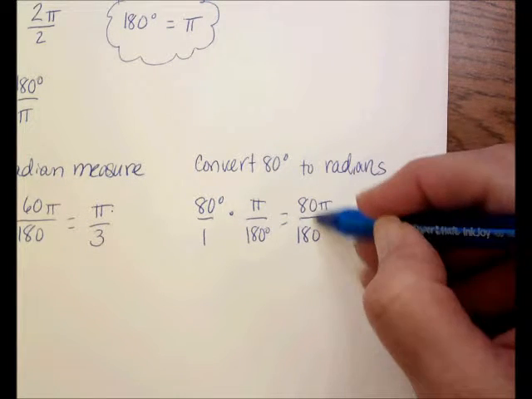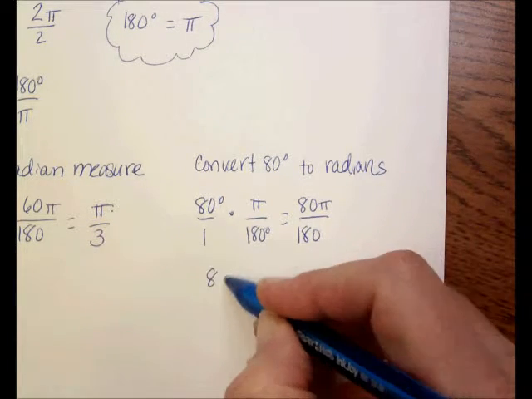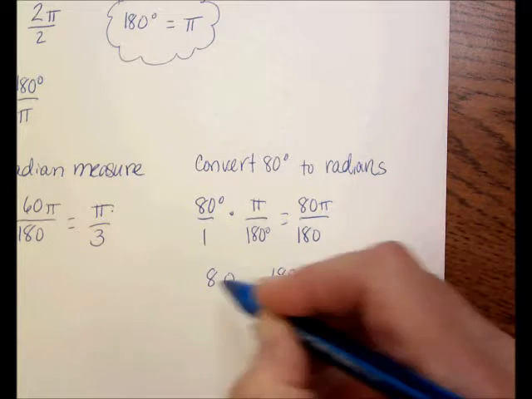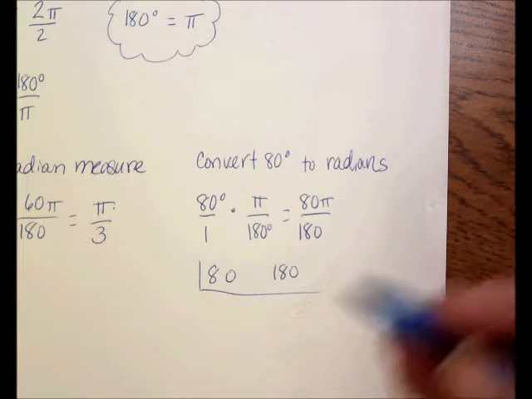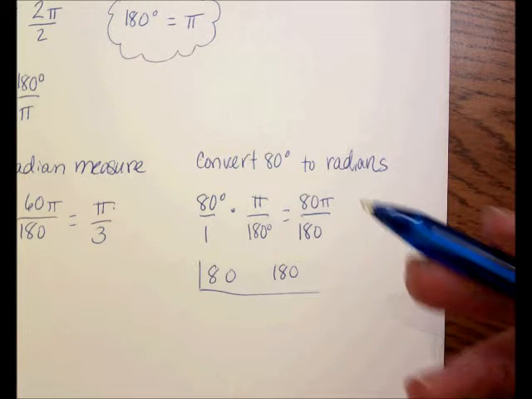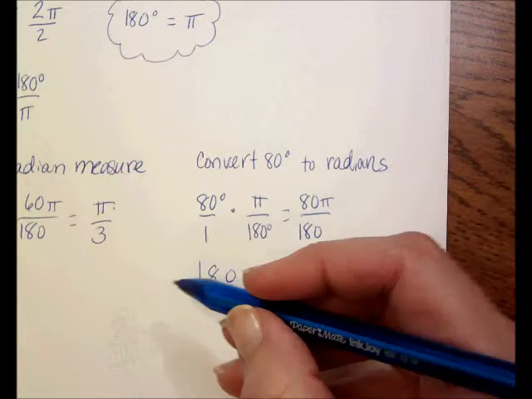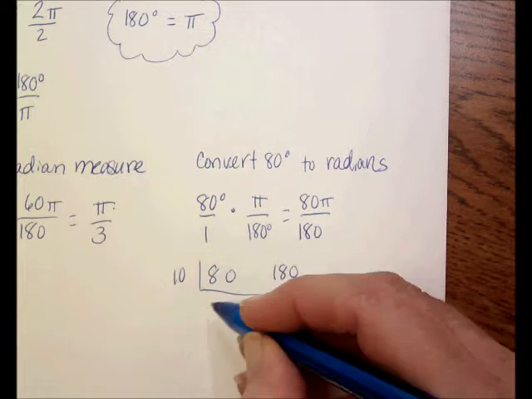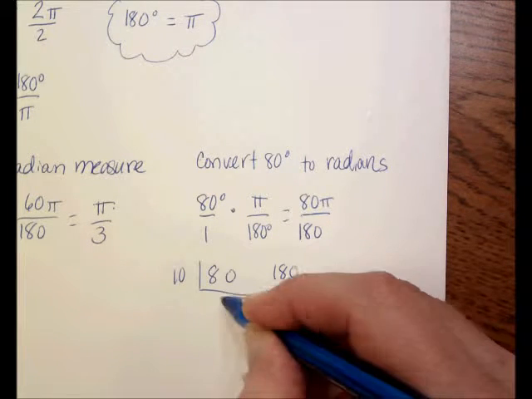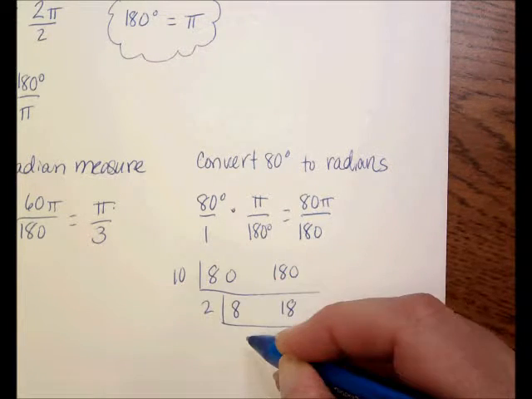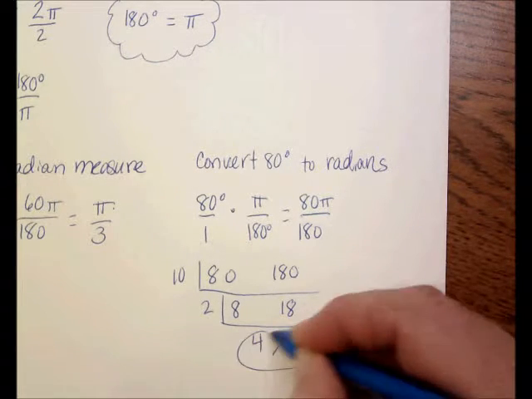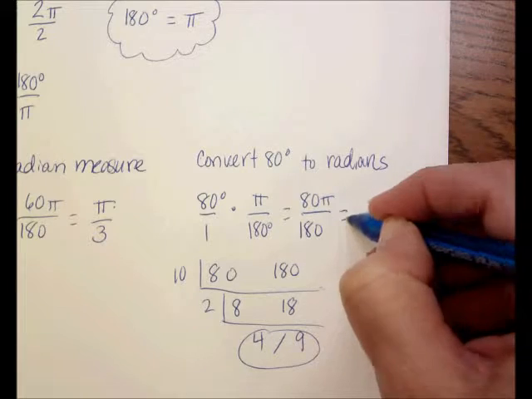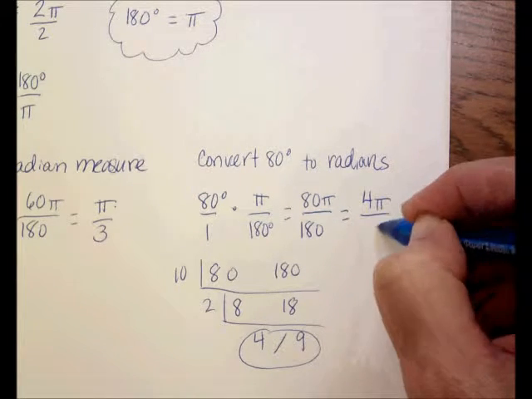Now, I know that they both can be divisible by 10, and we can use our ladder method or upside down birthday cake to figure out what our simplified fraction is, because radians will always be given in fraction form with pi in the numerator. So we said that 10 could go into both of these, and so our next bet is 2. And that would be 4 and 9, and what we're left with is a simplified fraction, 4/9, so it becomes 4 pi over 9.